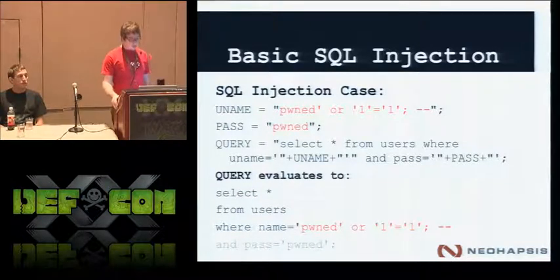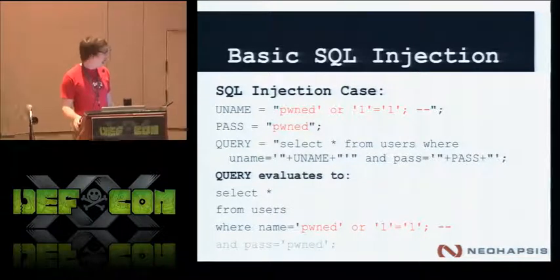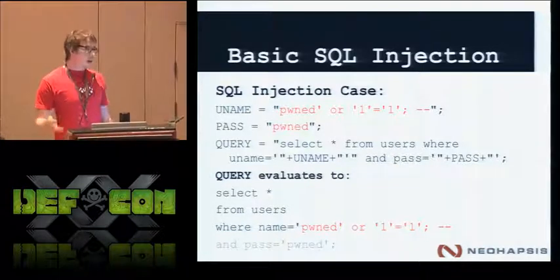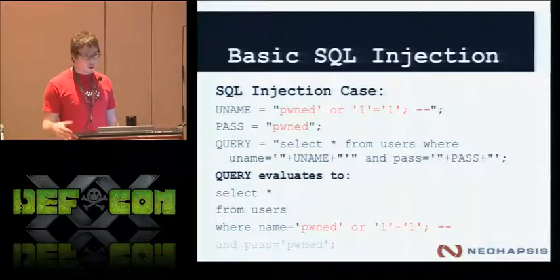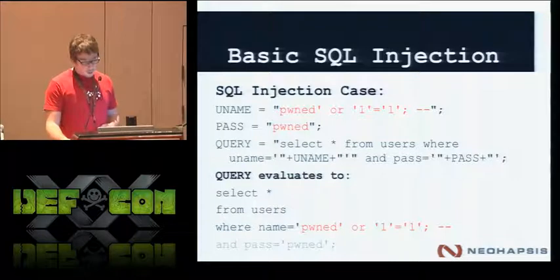All right, so what does SQL injection look like? With SQL injection, we're trying to break out of that query syntax. And when we break out of that query statement, we can start to construct our own query on top of the query that the application is supposed to execute. So we have some more pseudocode up here. We're inserting the value uname, so we can imagine a web request, right? You're passing in parameters and whatnot. So we have the username parameter and the password parameter, and we're going to pass in pwned, tick, or 1 equals 1.